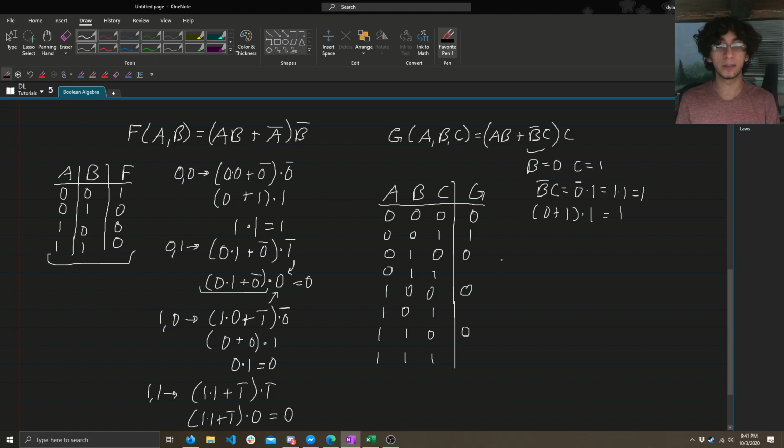So if we just look at this B not C here, we have B is true and C is true, therefore B not C is going to be false, because you're going to have 1 not times 1, and that's going to be 0 times 1, which is 0. So that's going to be a 0.